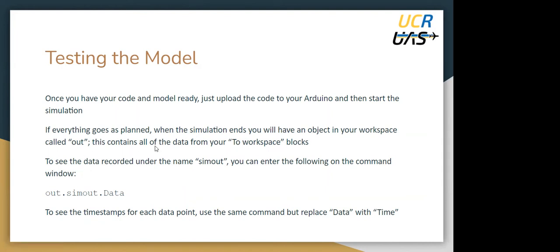See the data recorded under the name simout. We can enter this command into the MATLAB command window. And then to see the timestamps for each data point, we use the same command but replace data with time. Basically, these are 2 separate vectors stored within the simout object.